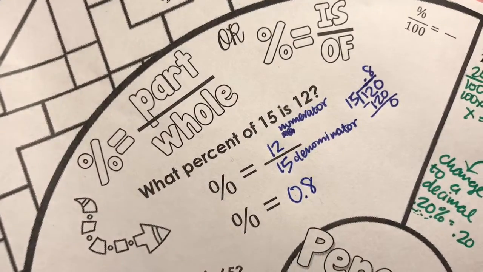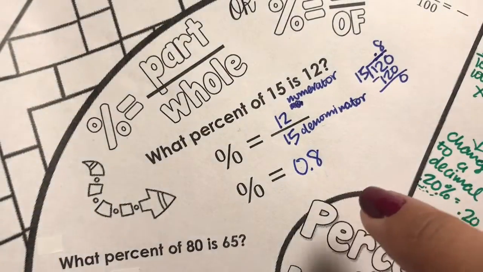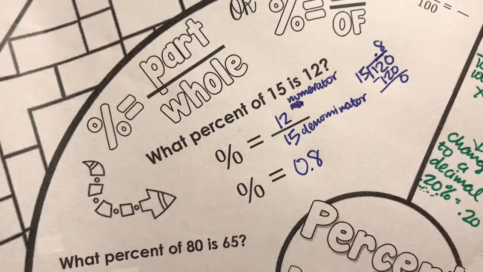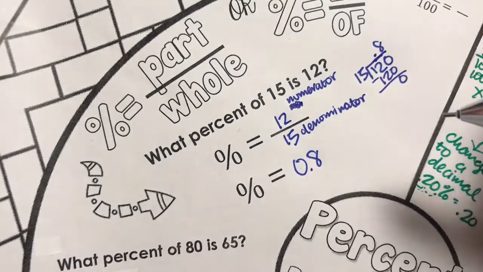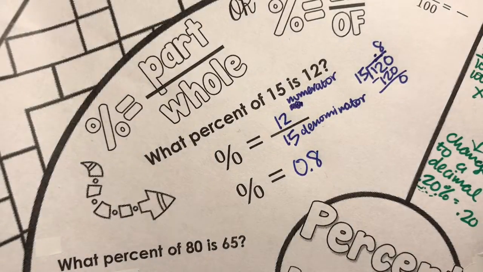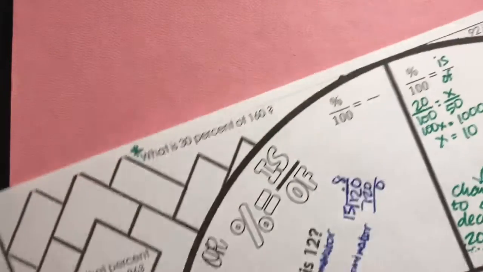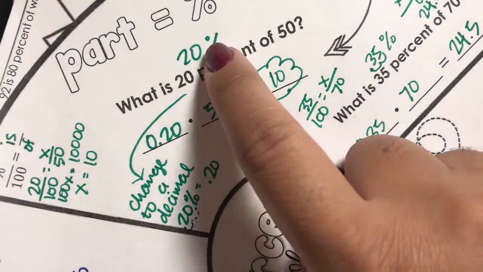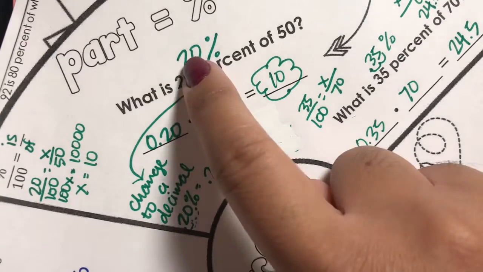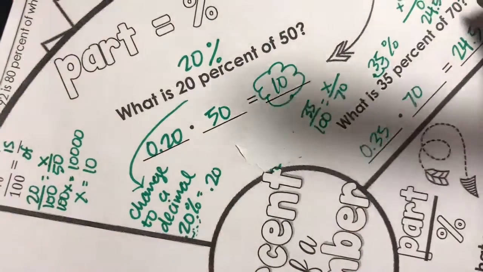We need to turn that into a percentage. So if you remember from the worksheet when we were turning percentages into decimals, decimals into fractions, fractions into percentages, this one is a decimal. If you look back at this section of the paper, when we turned the percentage into a decimal, we had to move the decimal 2 times to the left.